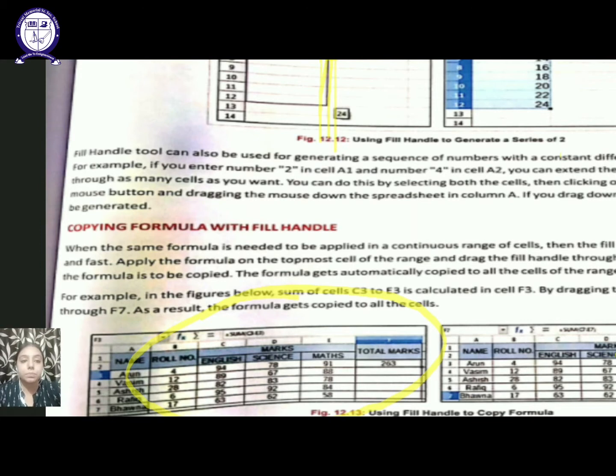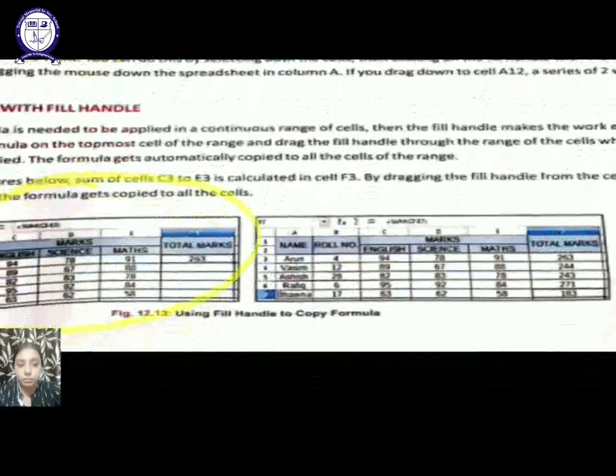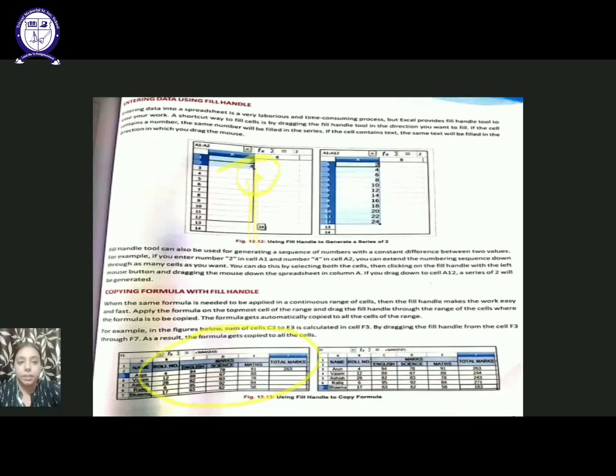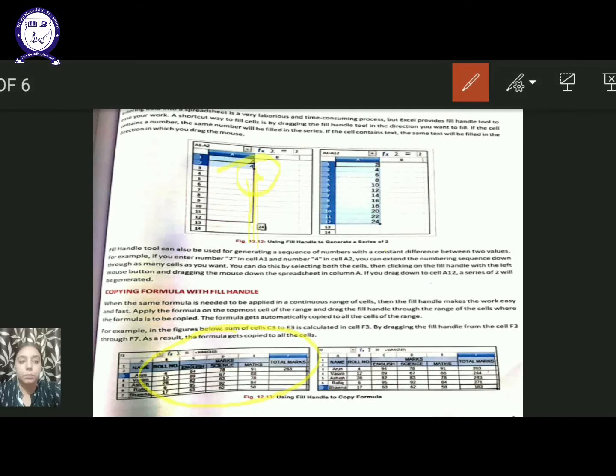So if I want that in my next cells, that is the marks of the other students, should be displayed automatically without me calculating it, what we can do is activate the first cell, and you will see a small dot at the bottom right corner of that cell, and you have to drag it downwards till the place where you want to find out the total marks.